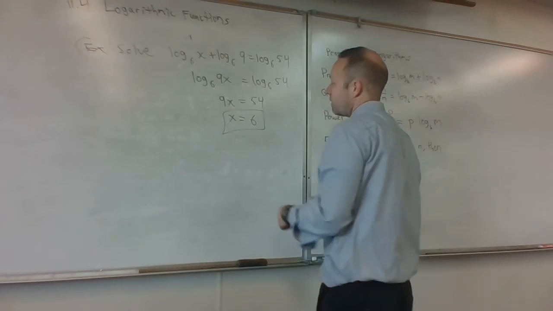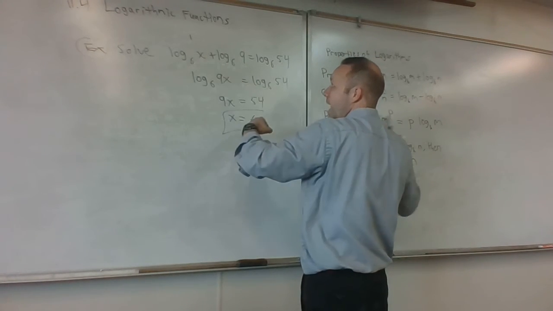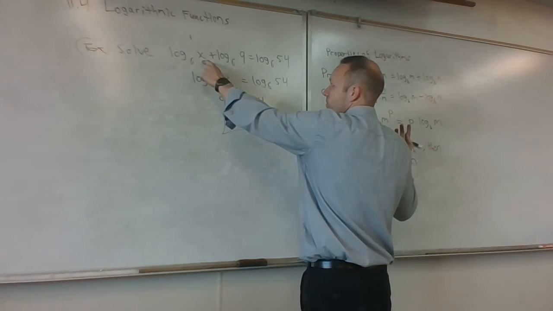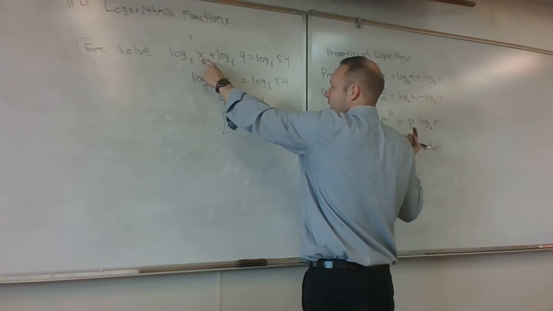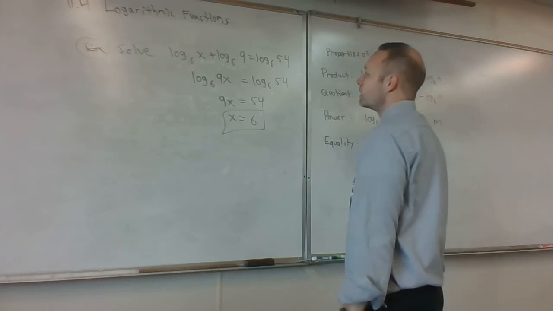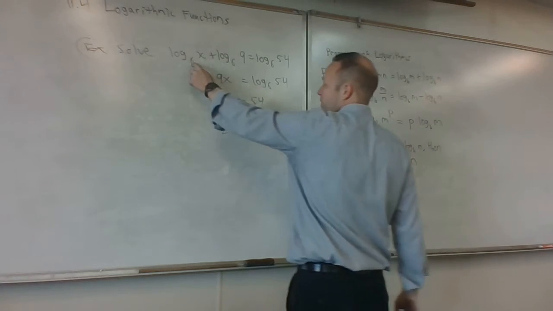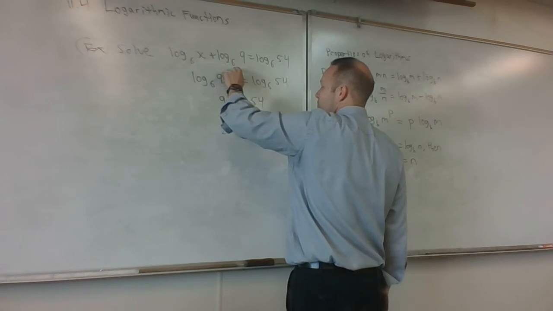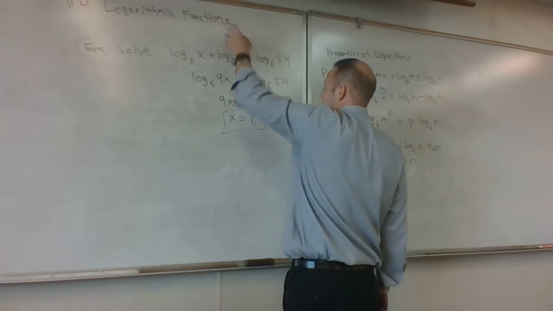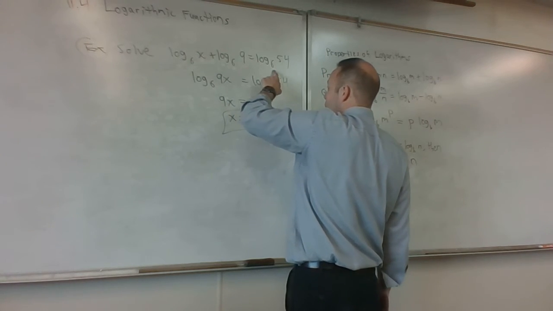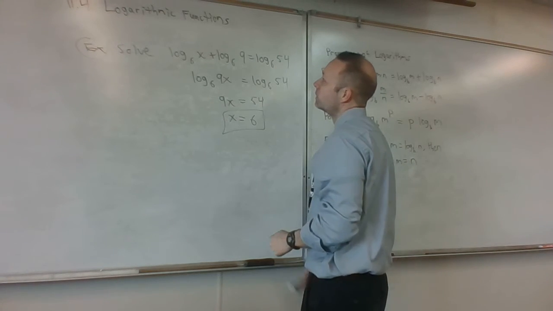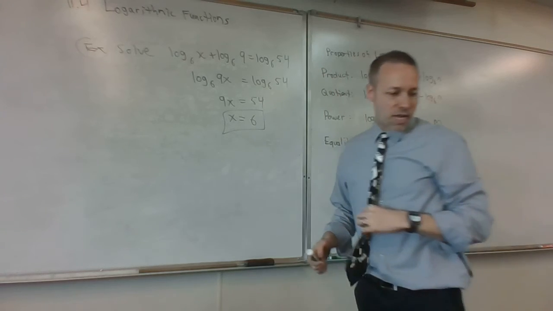You get the idea. Because it'd be 6 to the first, this would be 1 plus 6 to whatever power will give you 9. 1 plus whatever that is, is the same thing as the power you would need, 6 to the whatever power you need to give you 54. Okay, so that's using that to solve.